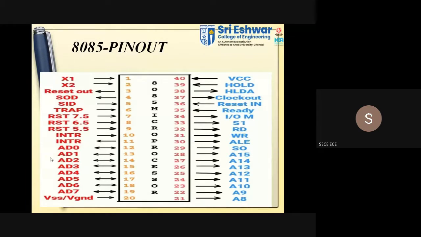Then the size of the IC will get higher, and the circuit will also become bigger. To avoid all that, we are going for multiplexing operation. Is that clear?